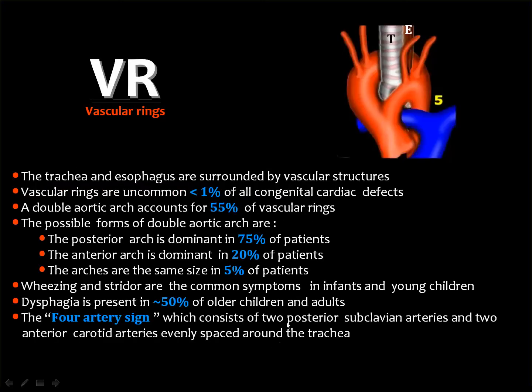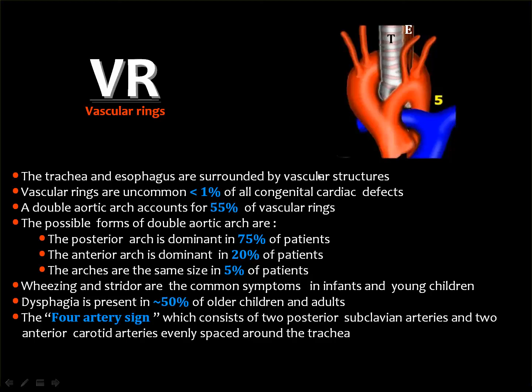Now we come to the vascular rings, and by vascular rings we mean that the trachea and the esophagus are surrounded by vessels. The vascular rings are uncommon, seen in less than 1% of all congenital cardiac defects. Double aortic arch accounts for 55% of the vascular rings, and we have three types of double aortic arch.